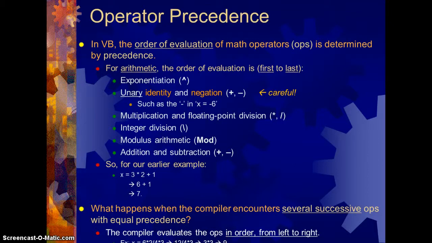This says 6 times 2 divided by 4 times 3. So first we do 6 times 2, which gives us 12. Then it's 12 divided by 4 times 3. The 12 divided by 4 happens first, so we get 3, times 3. So the answer is 9.